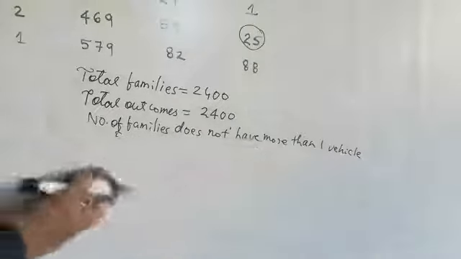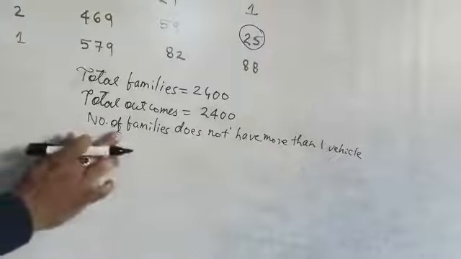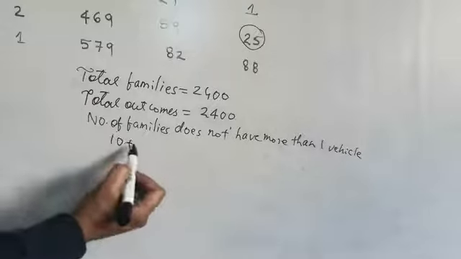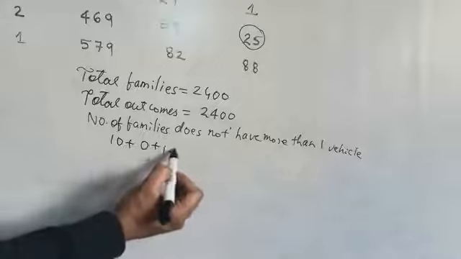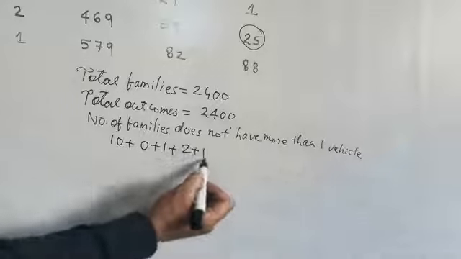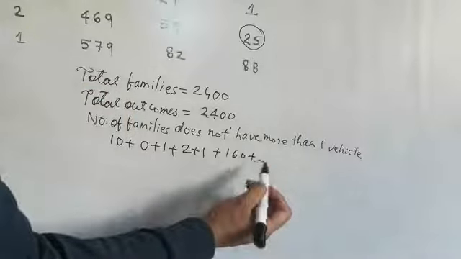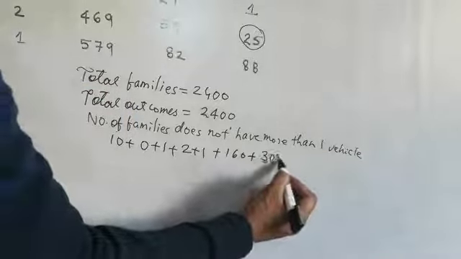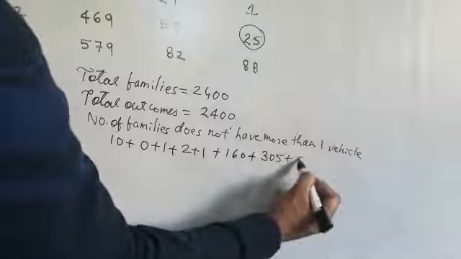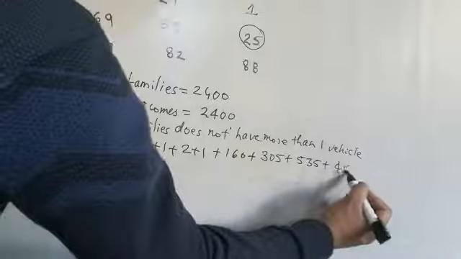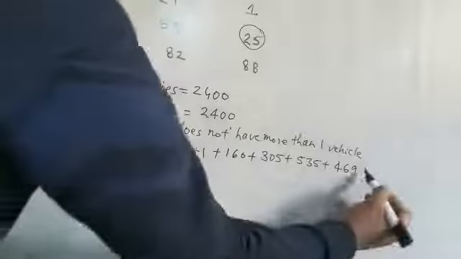How many families are there? In the zero column you have to add 10, 0, 1, 2, 1. Then in the one column, 160, 305, 535, 469 and 579.